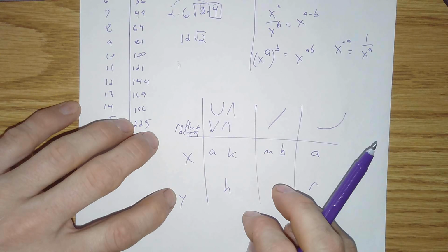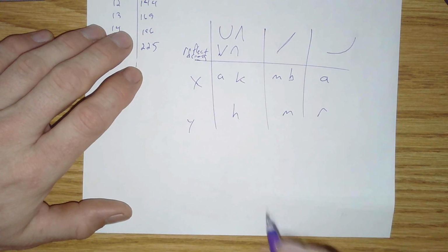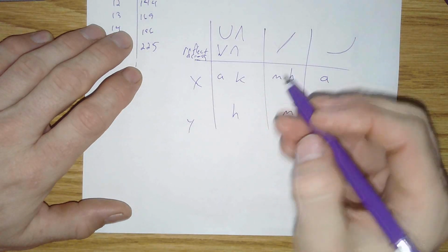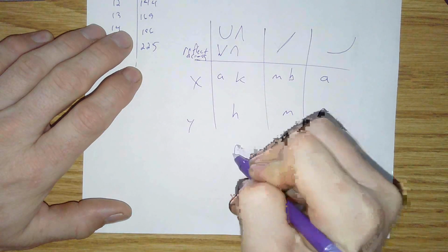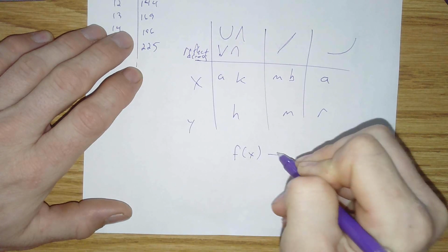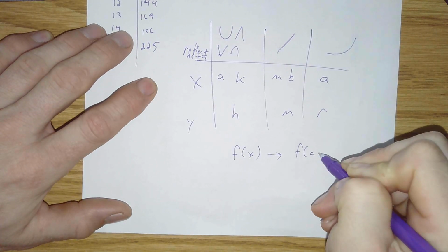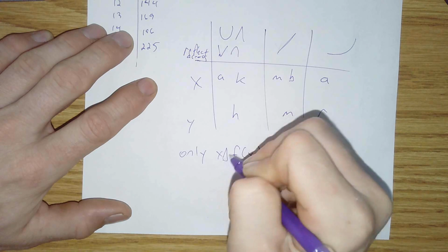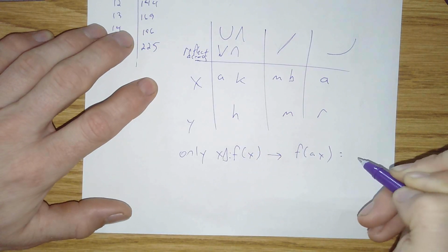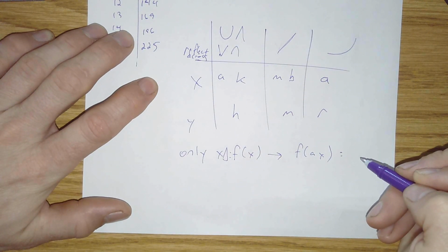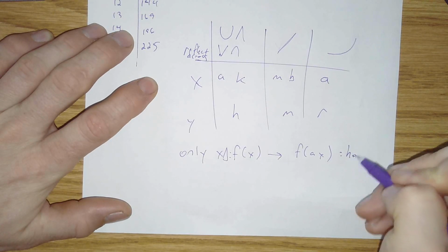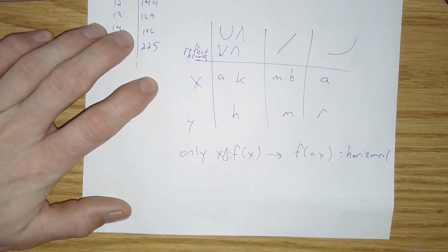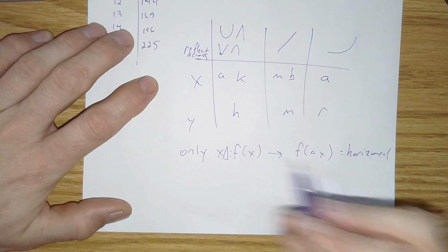Okay, and then finally, for dilations of equations, if f of x changes into f of a times x, meaning that only x changed, this is a horizontal dilation.